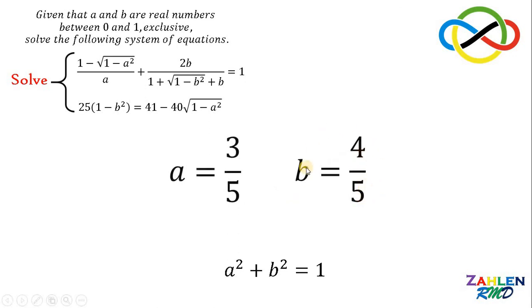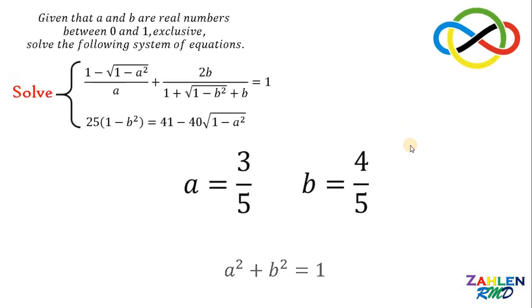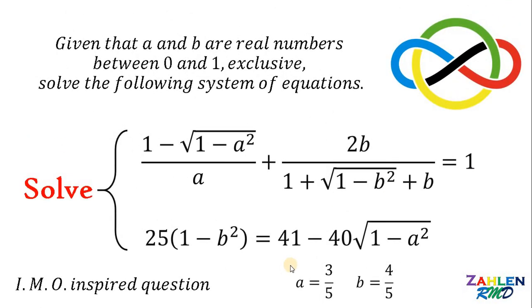And since we have b = 4/5, and we know that a² + b² = 1, it directly follows that a must be 3/5. Now take note that 3/5 and 4/5 are between 0 and 1. Therefore, our answer to this crazy system of equations is simply a = 3/5 and b = 4/5. And as always, we are done.